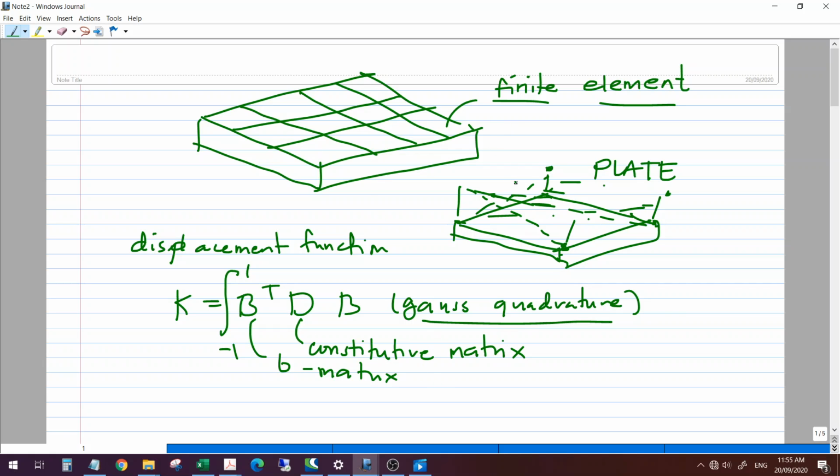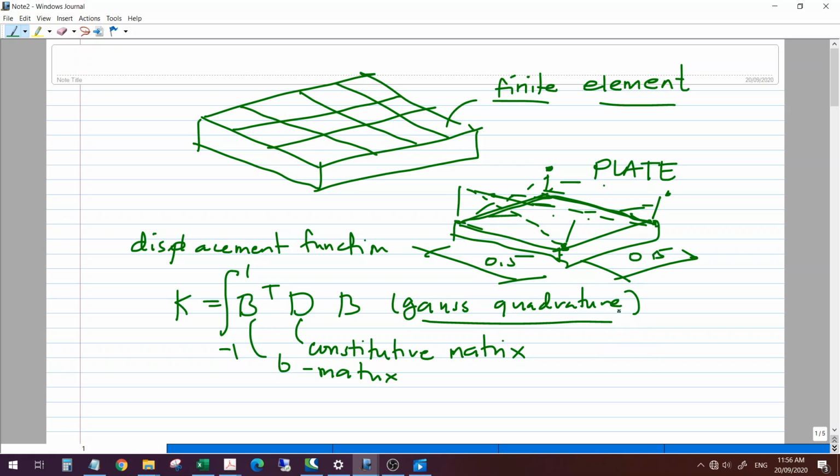Therefore, itong ating real life plate, no, wherein may coordinates yan, say 0.5 meters, say 0.5 by 0.5. Imamapping mo pa yan to a negative 1 to 1 region. Okay?